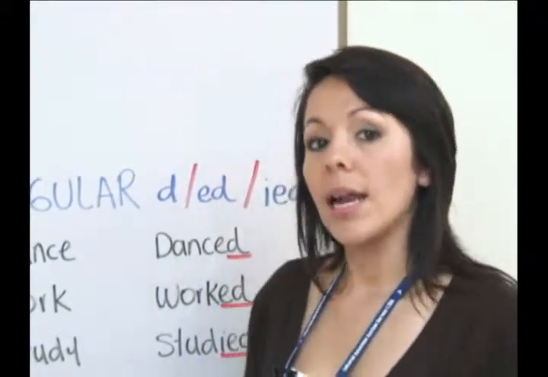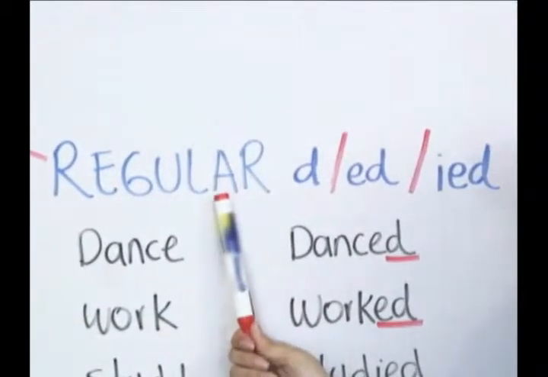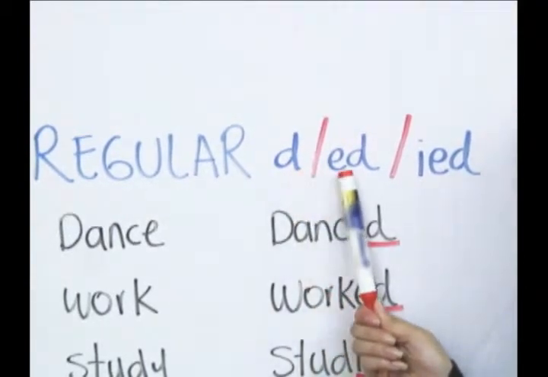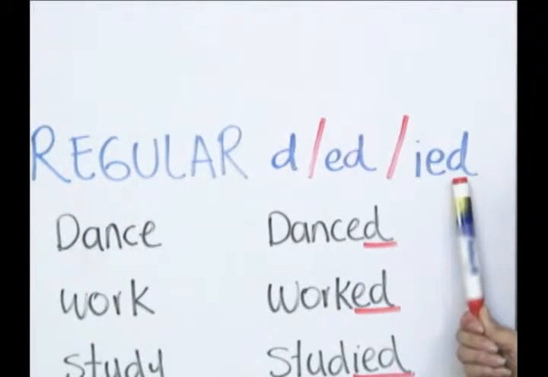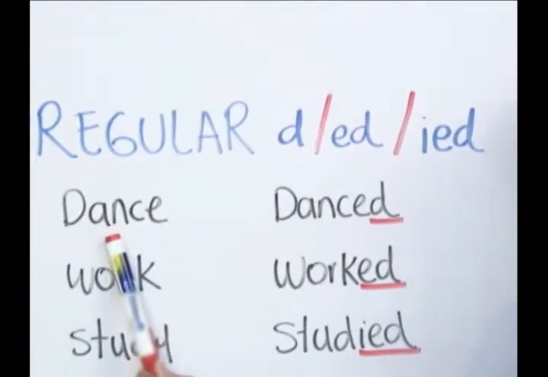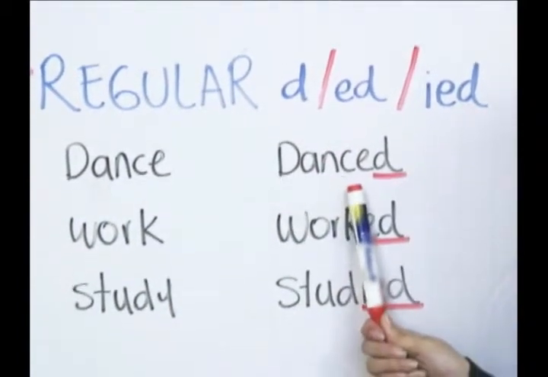Now we have the regular verbs. When they are regular, they finish in ed or ied. For example, we have dance in present, in past, danced.